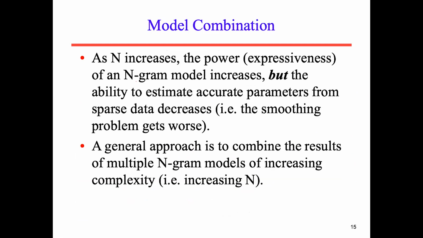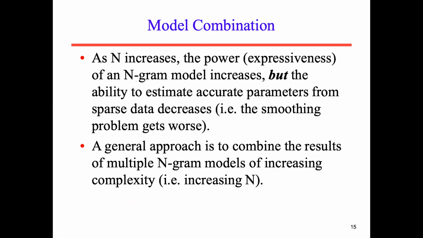So as n increases, if you go to 6-gram, 7-gram, 10-gram, the expressiveness of the model increases. You'll be able to predict a lot better. But the ability to estimate accurately also decreases because your data gets sparse. And because your data gets sparse, you'll have a lot of zeros in your table, and that will always keep giving just one class, and it won't be probabilistic of sorts.